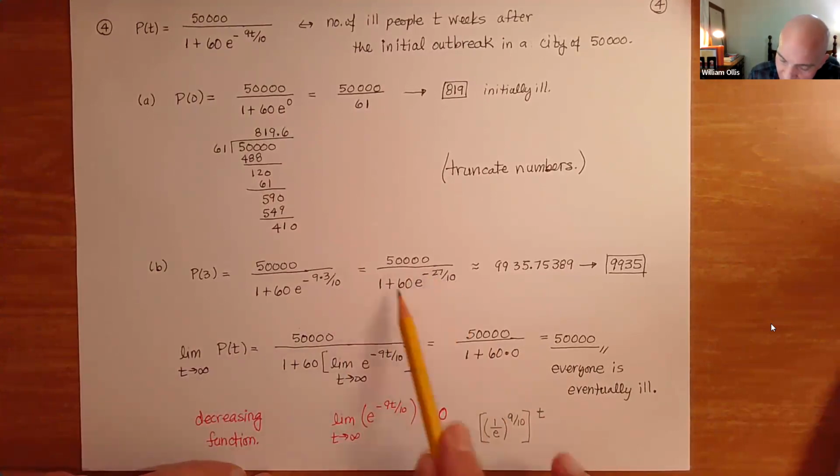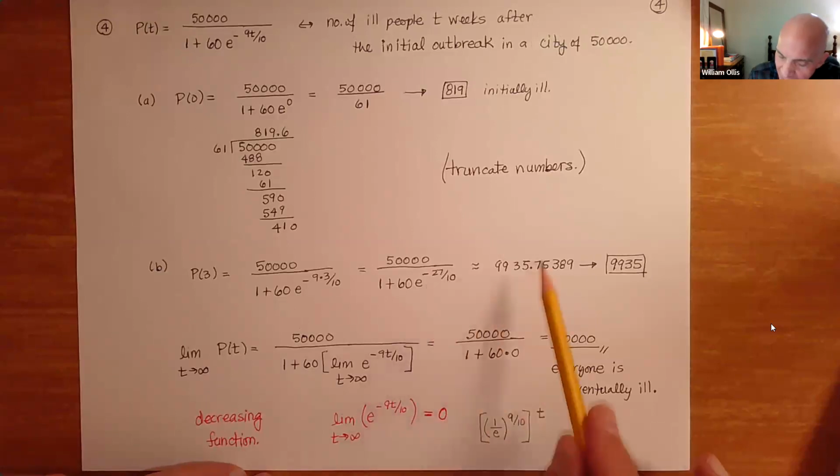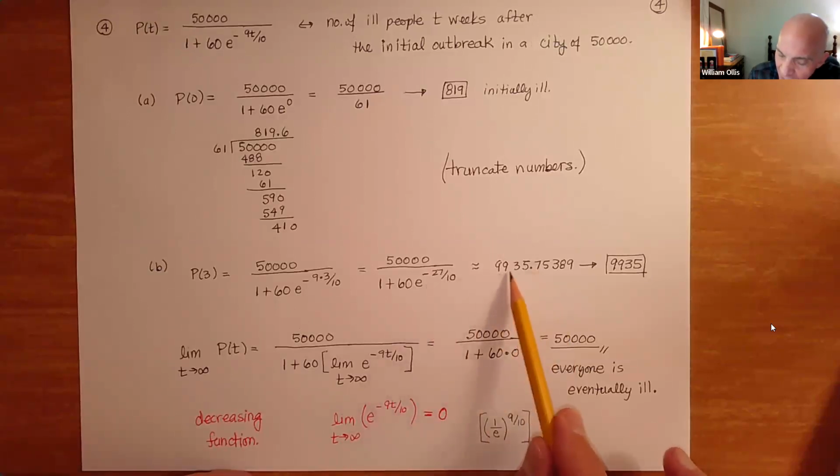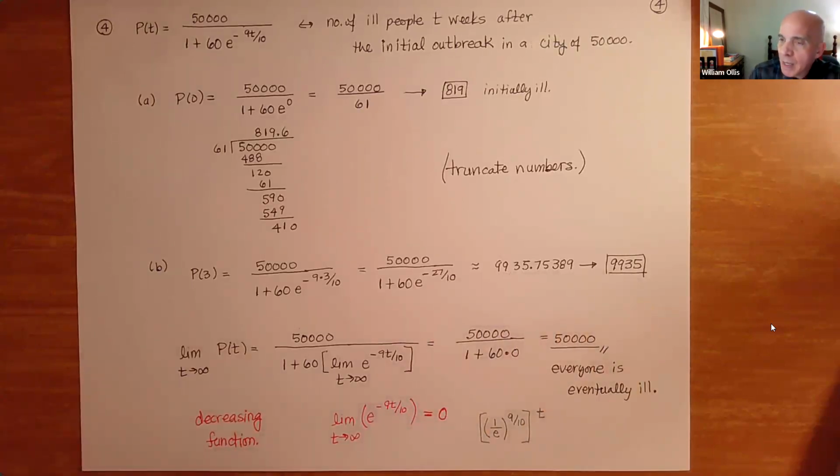When we look at this, we see there's a significant change. When we approximate this, we get 9,935 truncated. That is, now we have this many people ill. Now with this model, and what's interesting about this, you're thinking, why is this number getting bigger?